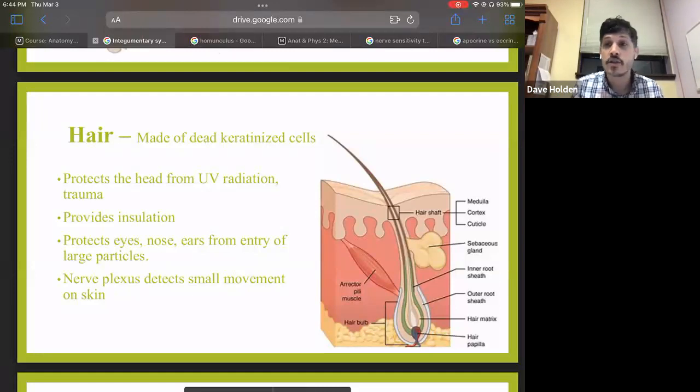But the nervous system is able to detect the movement of the hair as something touches it, or as that wind brushes against it. So as the hair moves in relation to the follicle, that movement is translated to the nerve underneath, and the brain is informed that the hair has been moved. So the brain understands wind is blowing, or someone barely grazed me, like just enough to touch my arm hair.